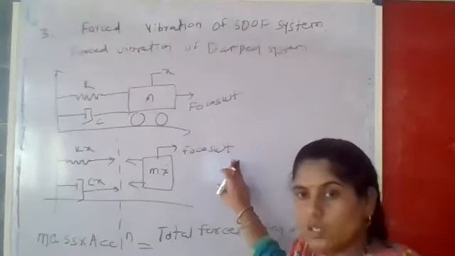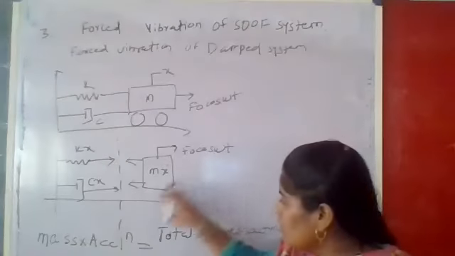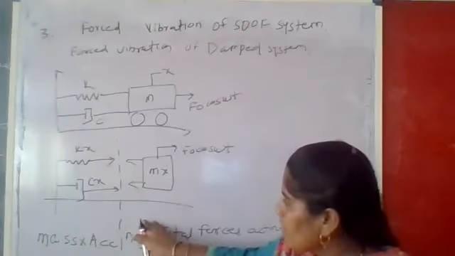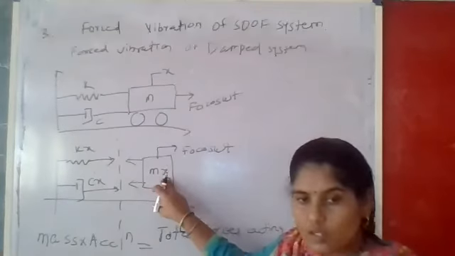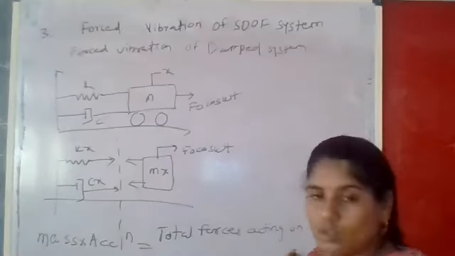In this free body diagram, mass into acceleration is equal to total forces acting on the body.